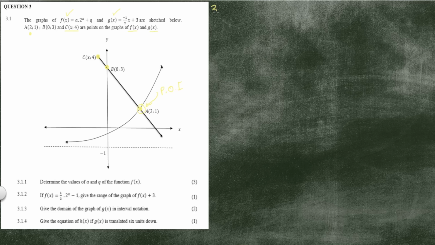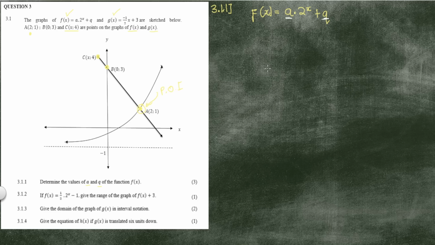Now, for the first question, we are asked to determine the values of a and q of the function f. Let's take the function f and write it on the side. This is a multiplied by 2 raised to exponent x plus q. So they want us to calculate a and q.